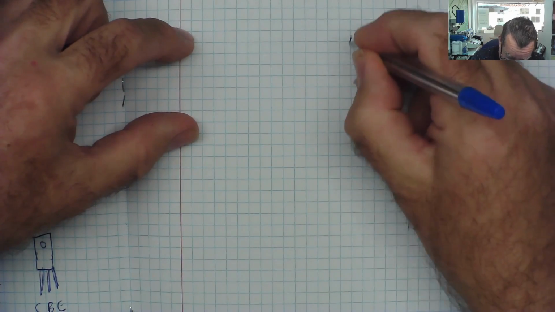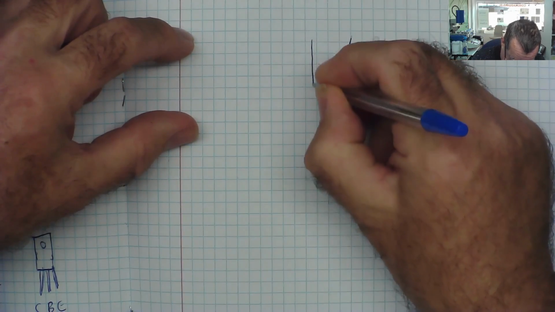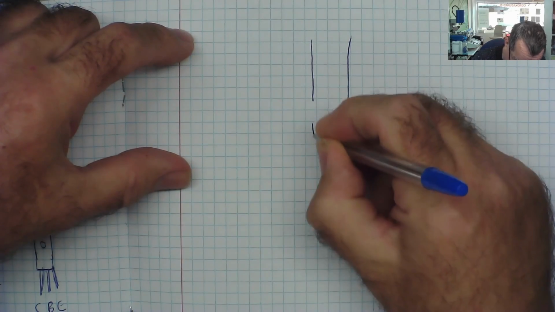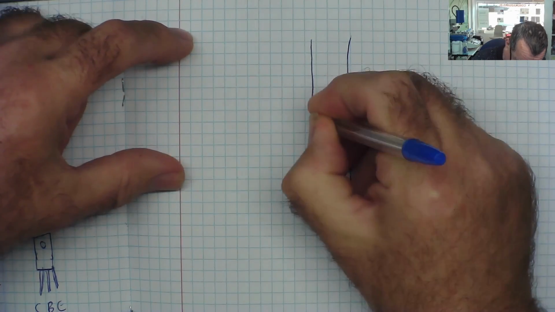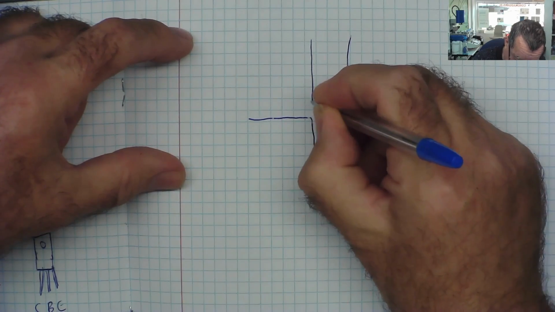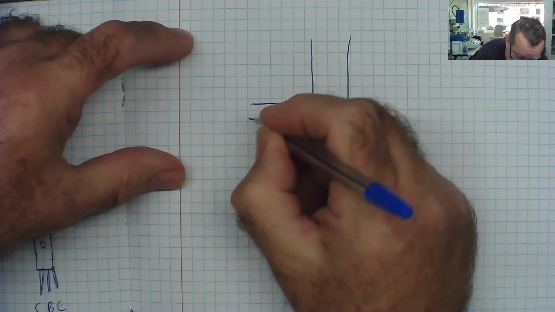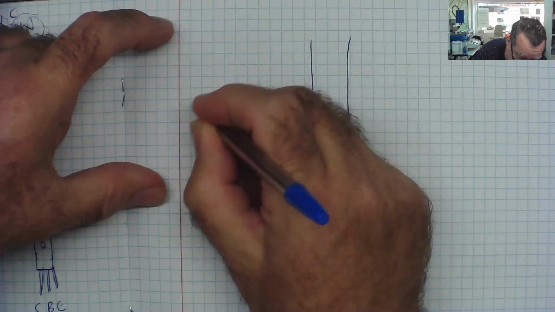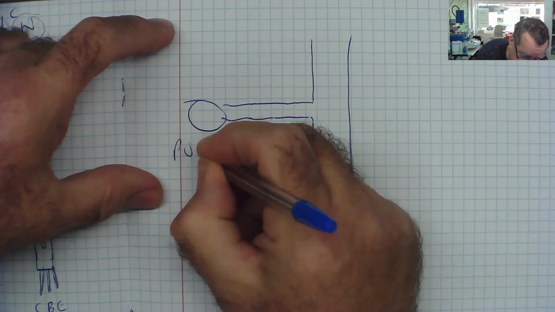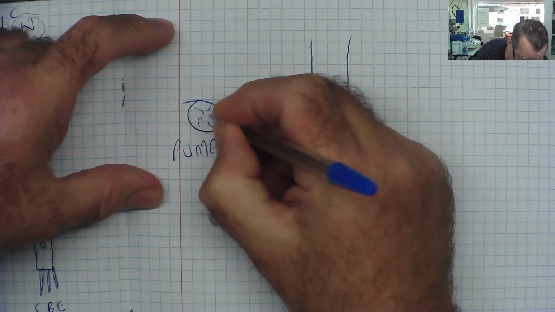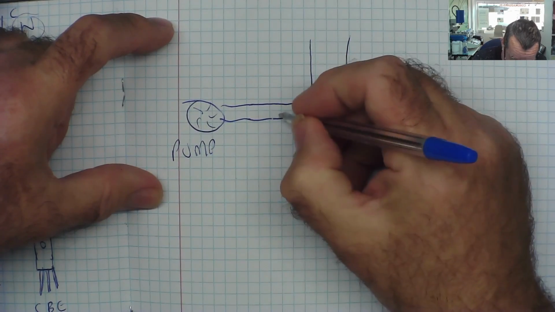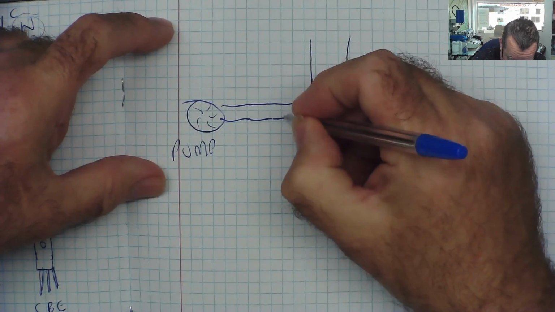So imagine we have a water pipe, a wide water pipe, a mains water pipe, and we have coming into it a smaller water pipe. And this water pipe is connected to a pump that can apply pressure to the water. In here we can imagine now that there's a valve.